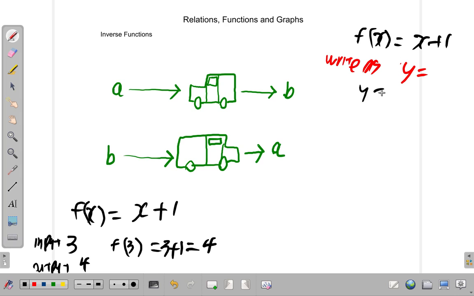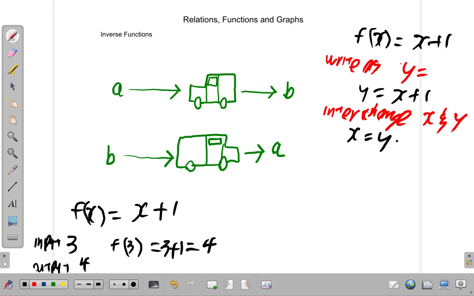So you write y equals x plus 1. The next step, you interchange x and y. You change x to y and y to x. So you say x is equal to y plus 1.